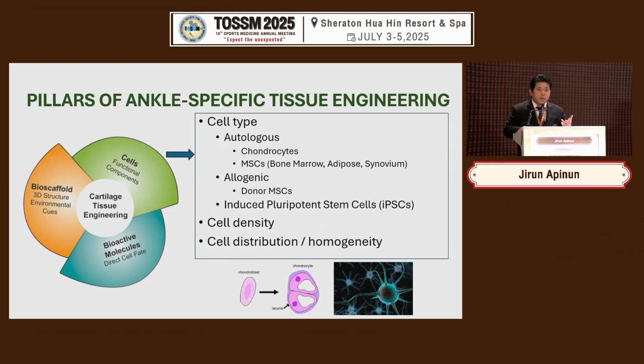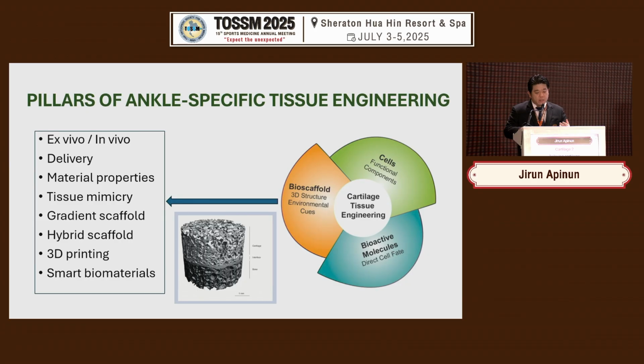How much cell density should we see, or should it turn out to be. And even in each cell layer, there should probably be a difference in each layer between the ankle and the knee. So the cell distribution and homogeneity: how can we make the cells distribute into each layer as we desire.